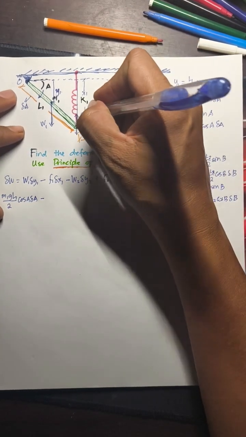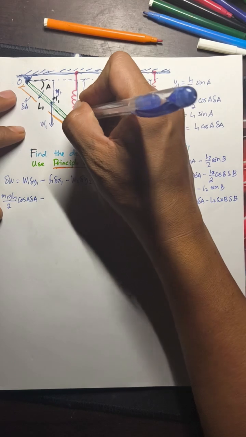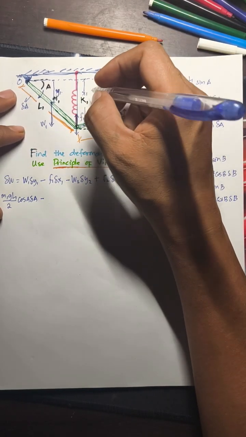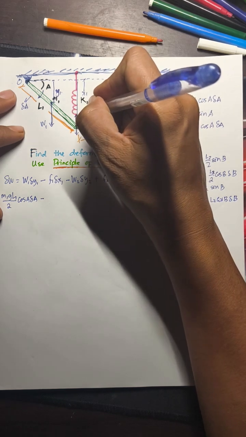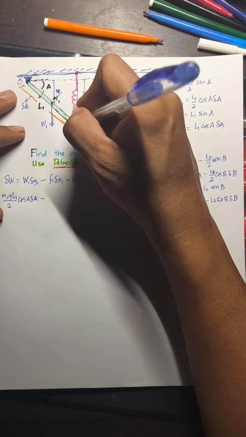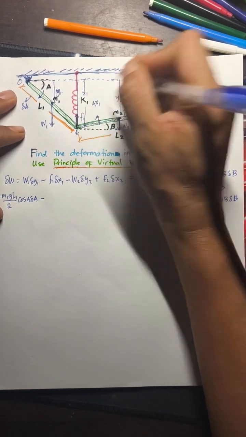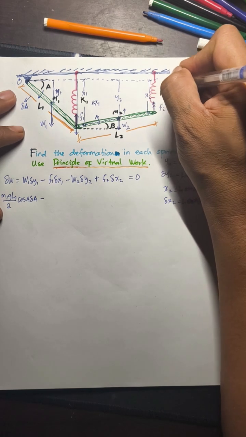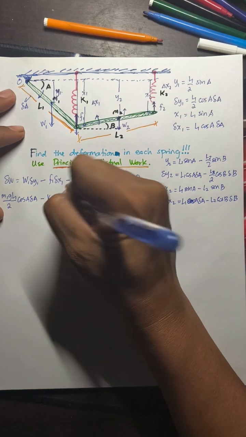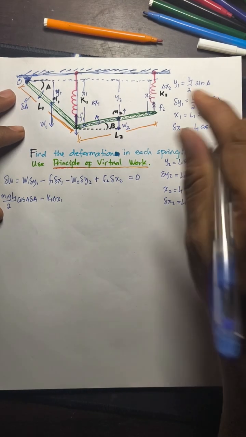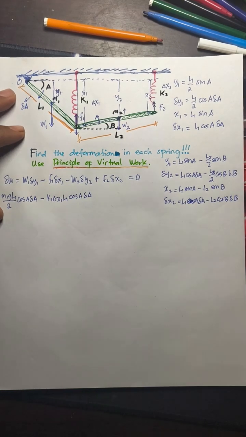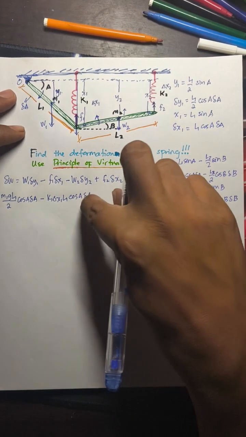Let's assume that the deformation, this is actually what we are looking for, of the spring is just, let's call it delta X1. So this spring will deform by delta X1, and this spring will deform by delta X2. So that F1 now will be K1 delta X1 times delta X1, which is L1 cosine A delta A. So we're done with this one.